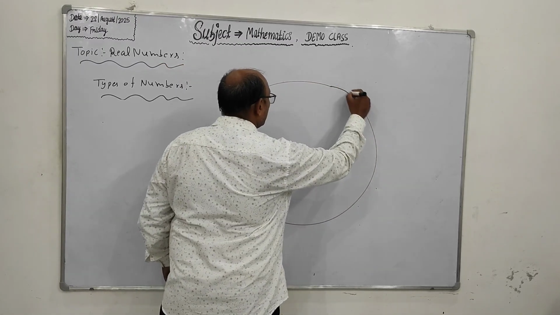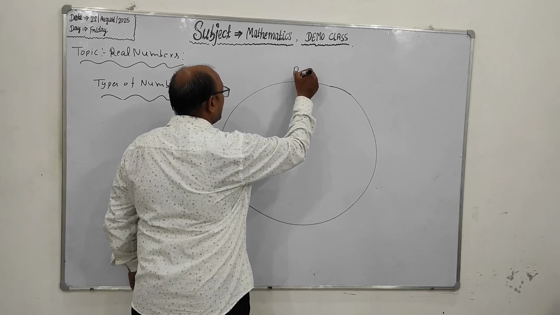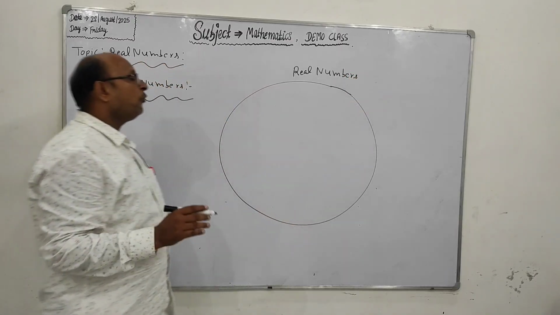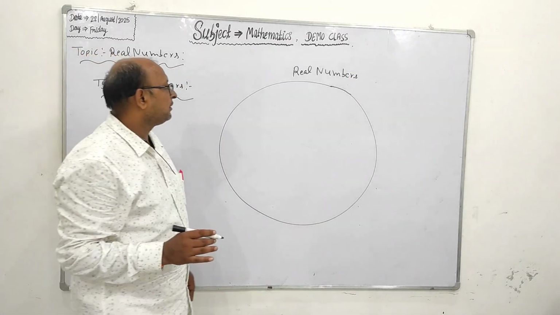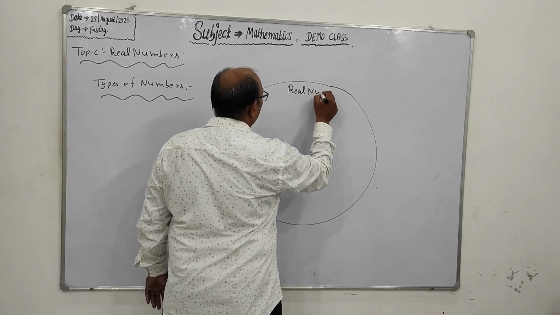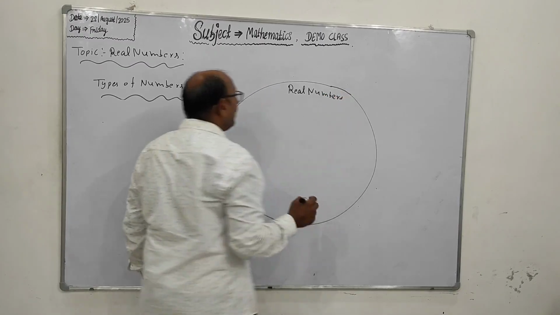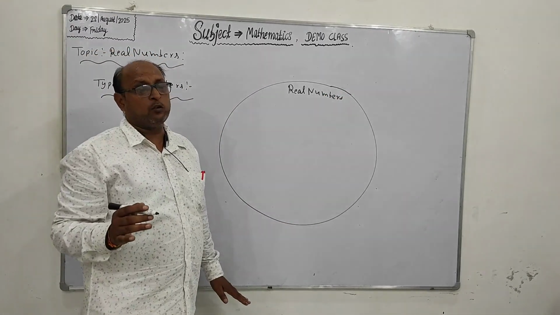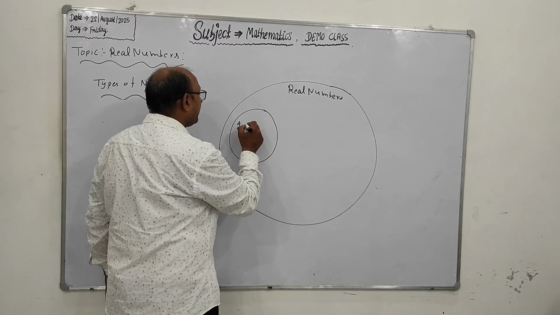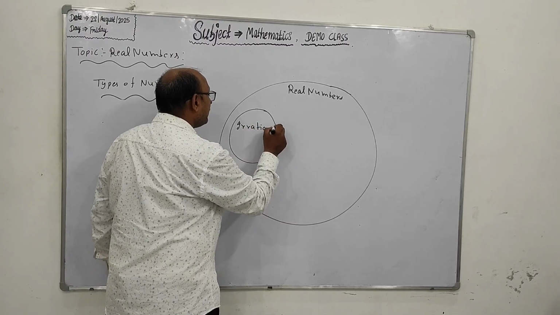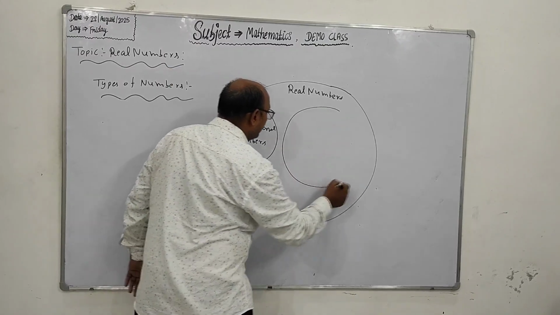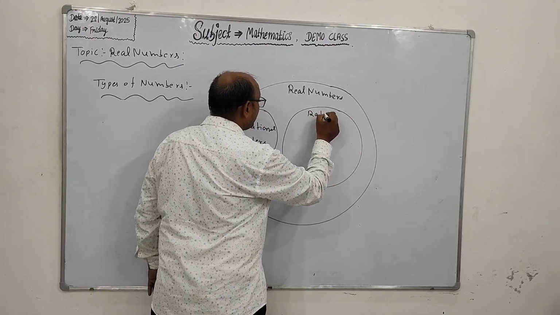Suppose real number, we can divide all the real numbers into parts: irrational numbers and rational numbers.